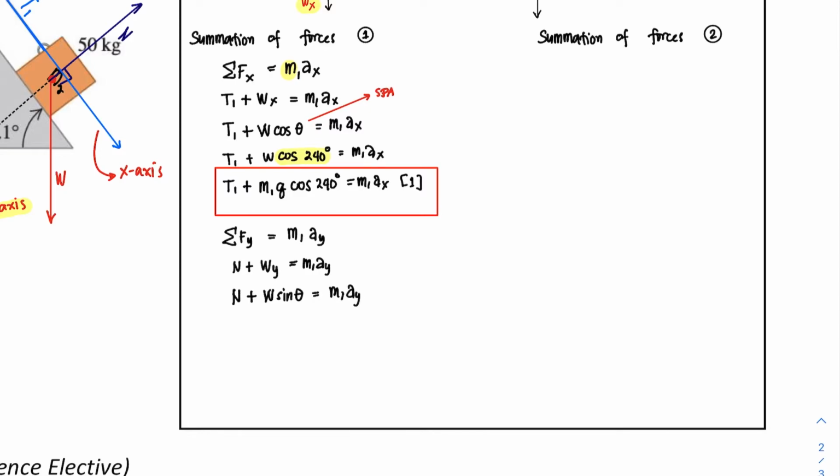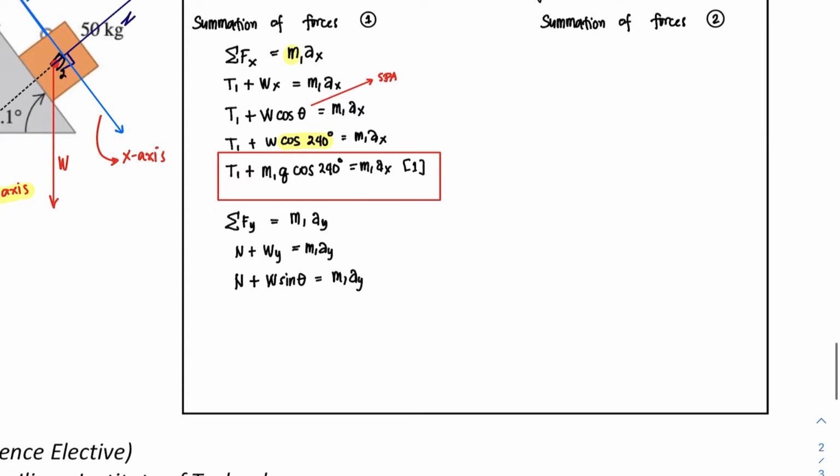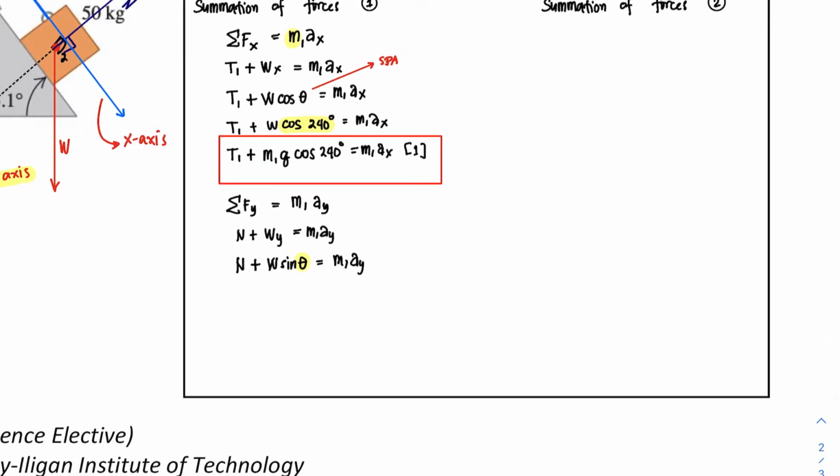And I'm hoping you do remember that whenever we deal with the sine of theta, the same case with the illustration or the example above, or the summation of the forces above, we take the theta to be the standard position angle. So that means to say that will just be N plus W sine, since we have the same angle, that is still 240 degrees, is equal to m1 acceleration along y.